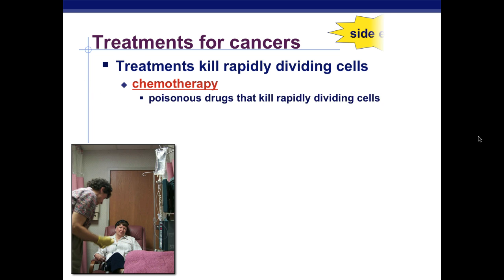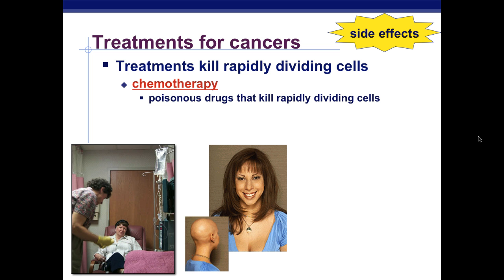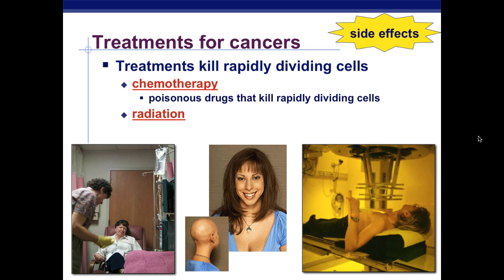So the treatments for cancer are chemotherapy and radiation. These treatments will kill rapidly dividing cells. Chemotherapy specifically is a poisonous drug that kills rapidly dividing cells, whereas radiation is a high energy beam that also kills rapidly dividing cells.